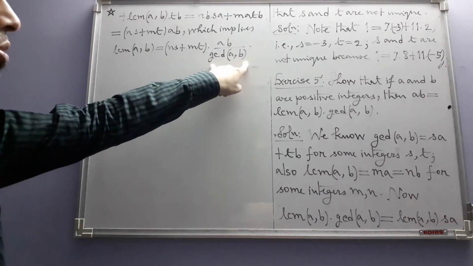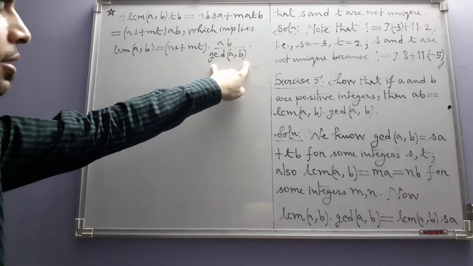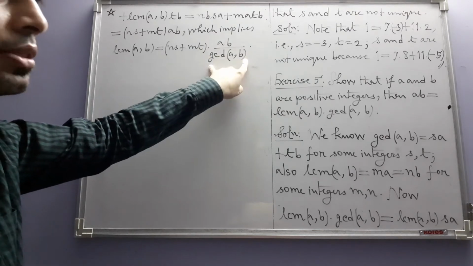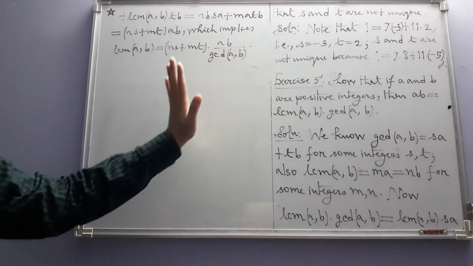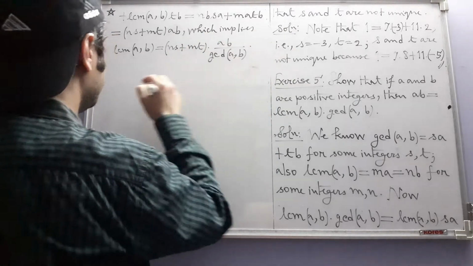We have been able to divide both sides by GCD of a and b because this is by definition a positive integer. That means it's non-zero. That much we need.